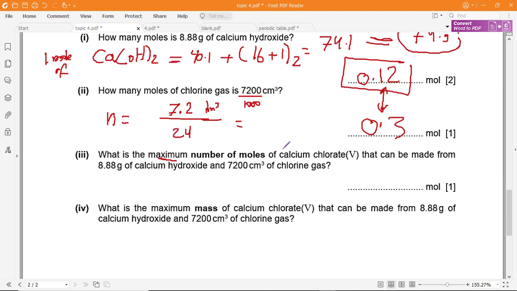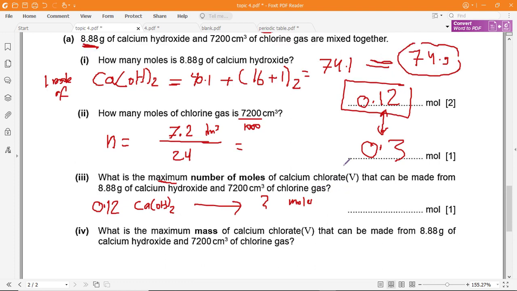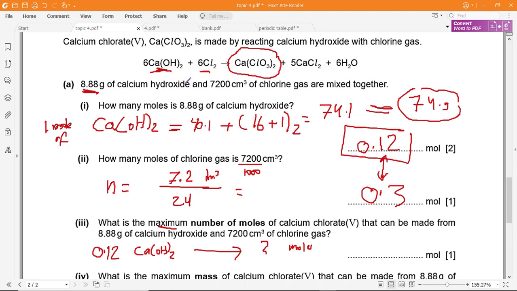So in this case we say 0.12 moles of calcium hydroxide, Ca(OH)2, which controls the products now, will produce how many moles of calcium chlorate? According to the stoichiometry, here we have, you see, guys, 6 moles.